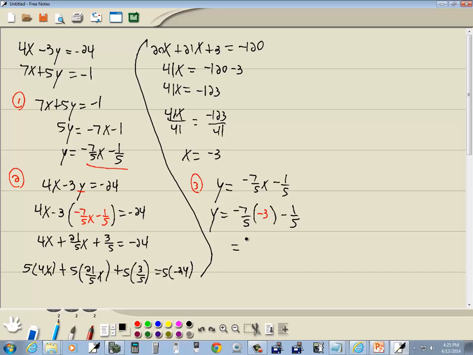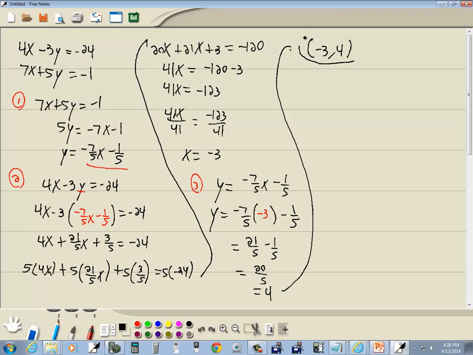Negative 7 times negative 3 is 21/5 minus 1/5, which gives us 20/5, which gives us 4. So our answer, done correctly this time, is negative 3, 4.